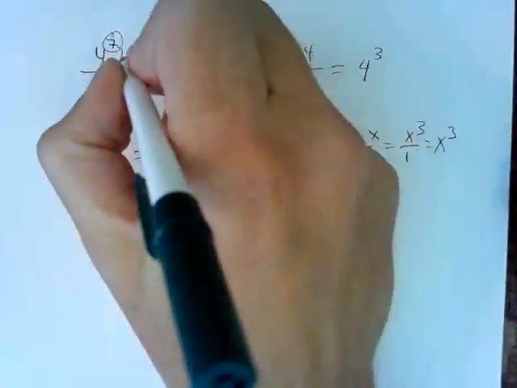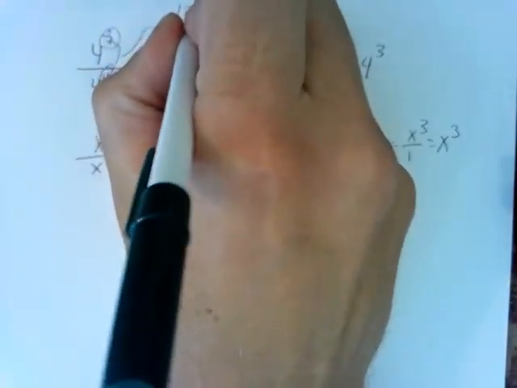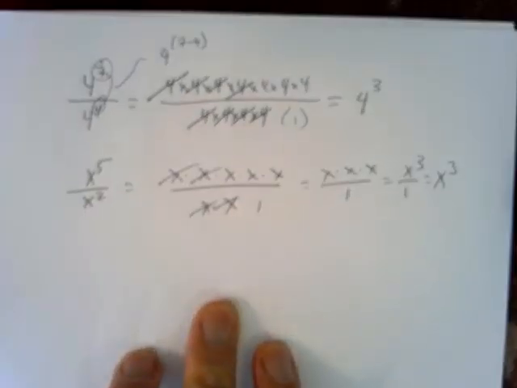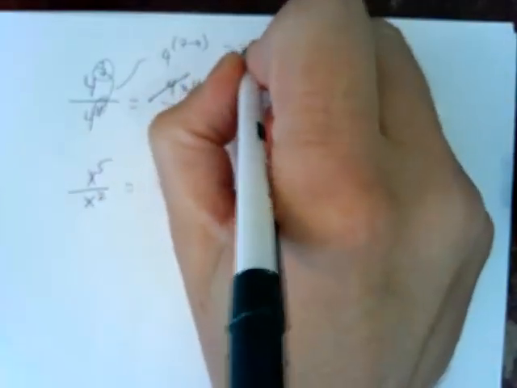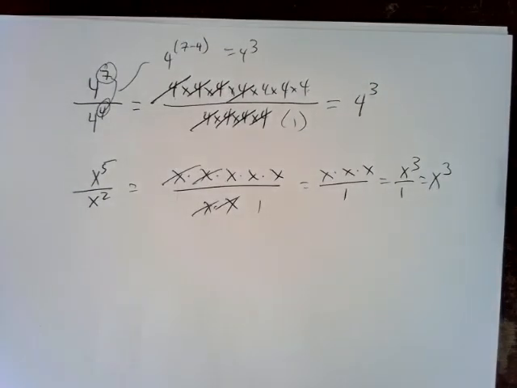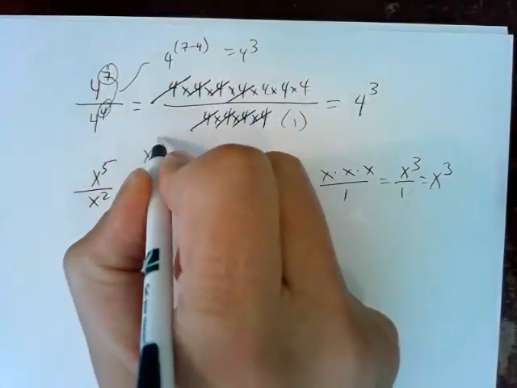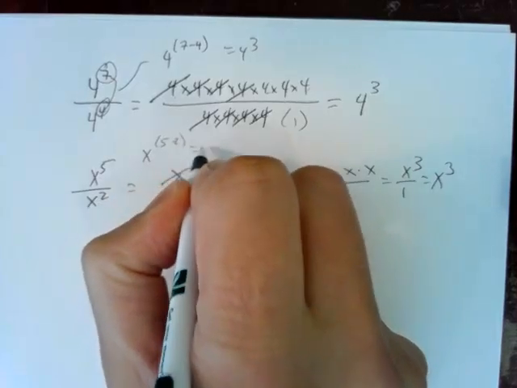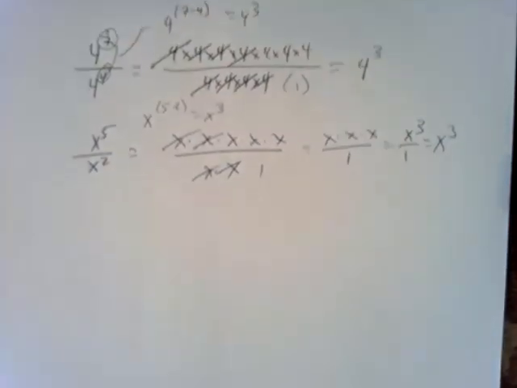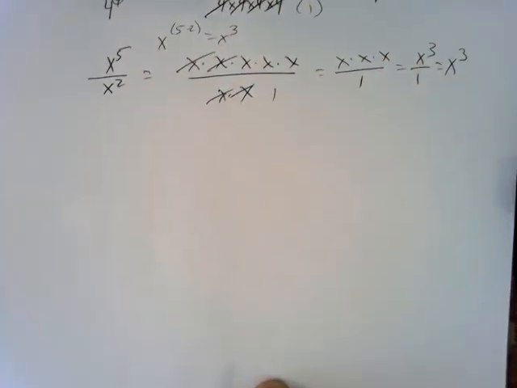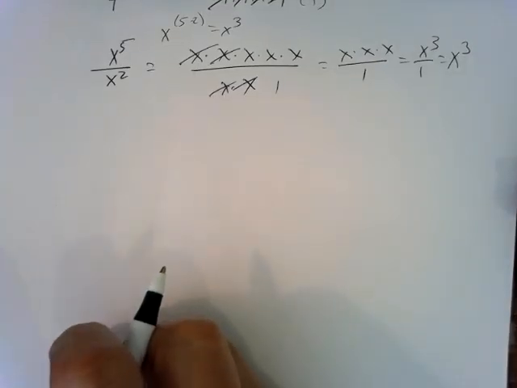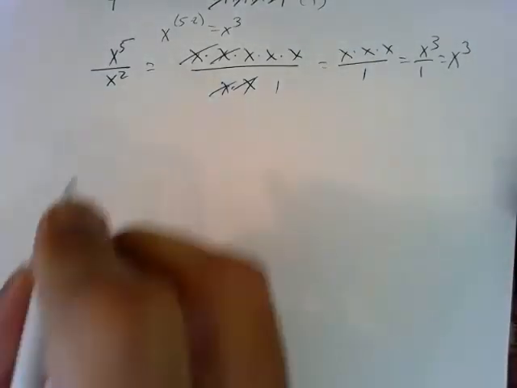So here, this could be rewritten as 4 raised to 7 minus 4, or 4 cubed. Similarly, x to the 5 minus 2, or x cubed. So when we multiply, we add exponents. When we divide, we are subtracting the exponents.